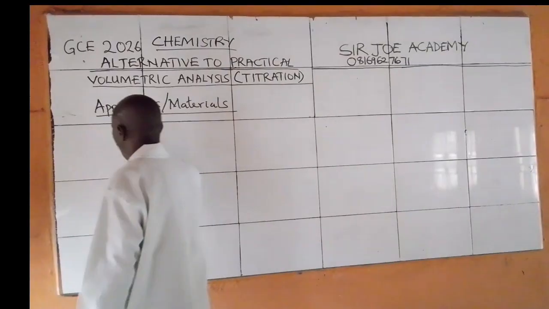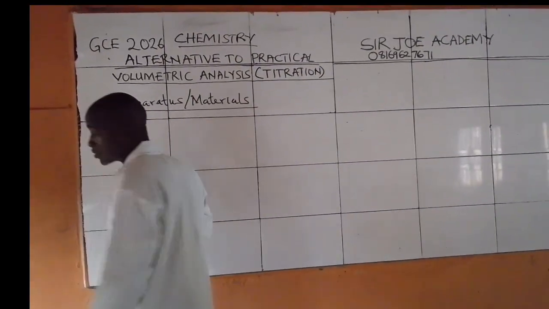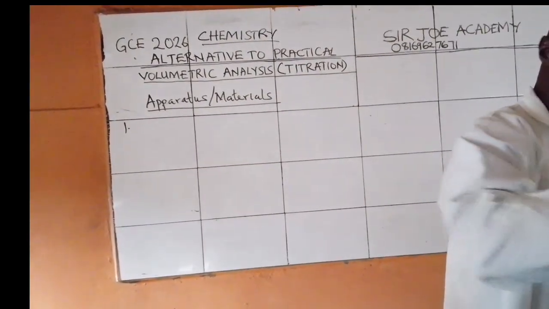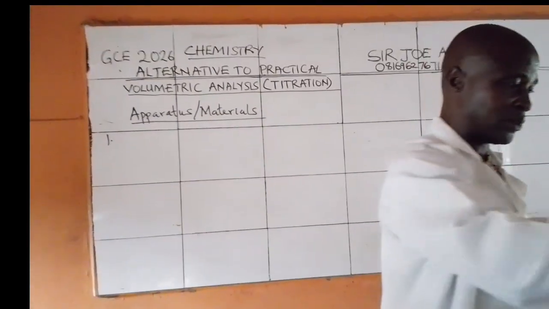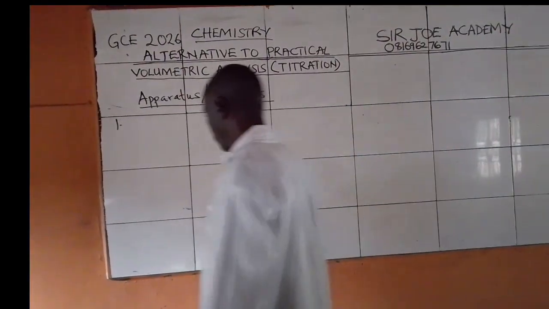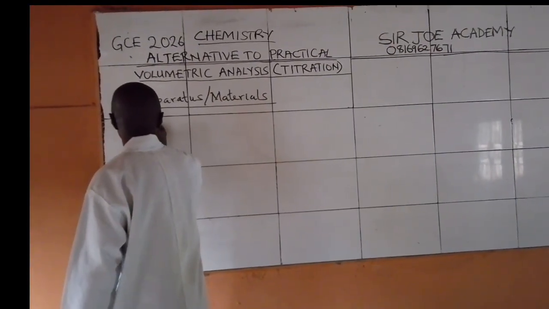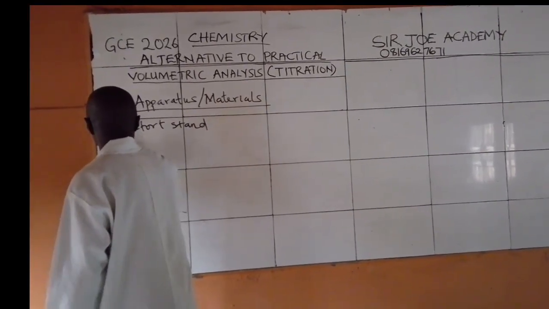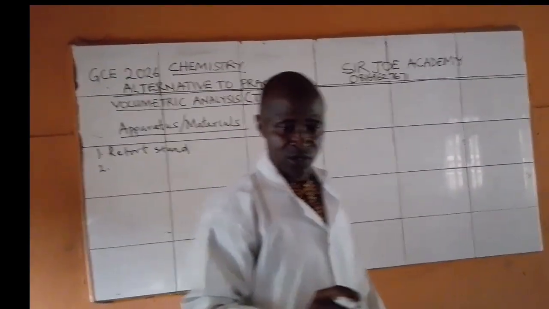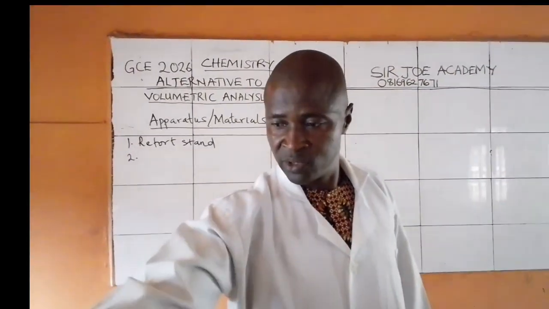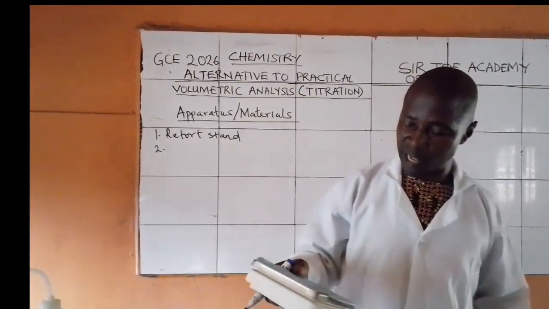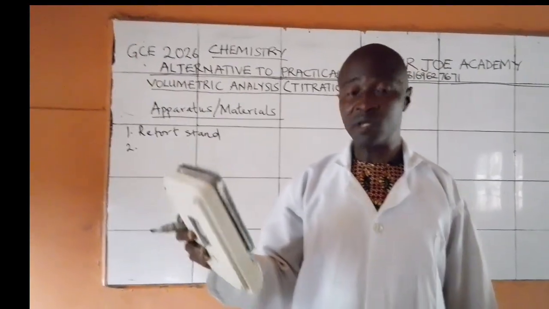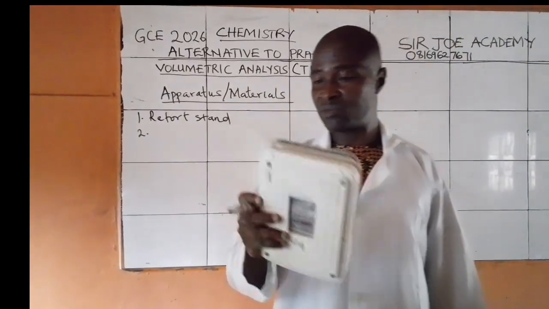One of the relevant apparatus is retort stand. This is retort stand. Another apparatus that is used for carrying out titration practical is electronic balance.